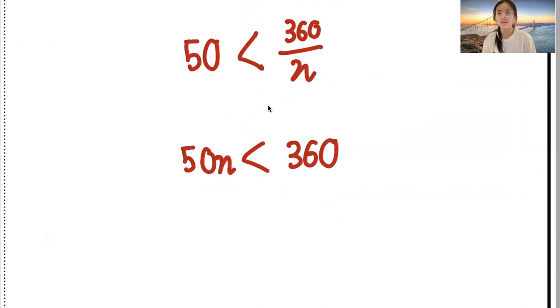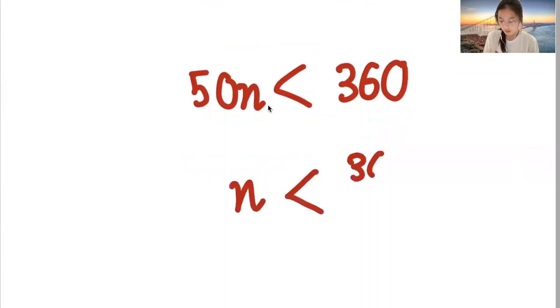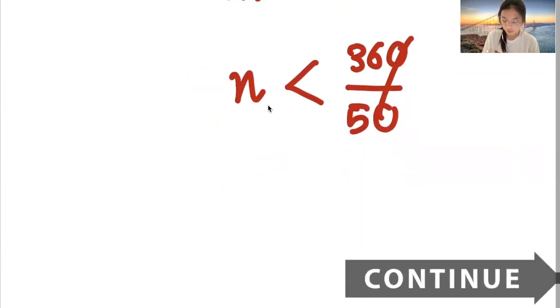And whenever you're dividing or multiplying an inequality by a negative, it flips the sign, but we're not dealing with negatives right now, so that doesn't matter. And now we just need to isolate n, so 360 over 50, and that is going to be 7.2.